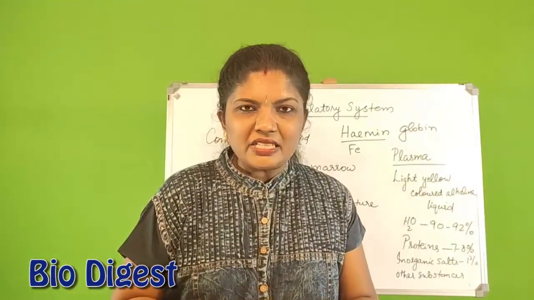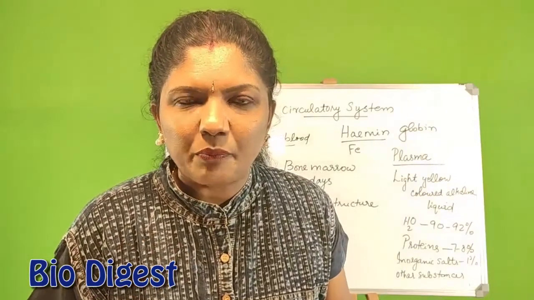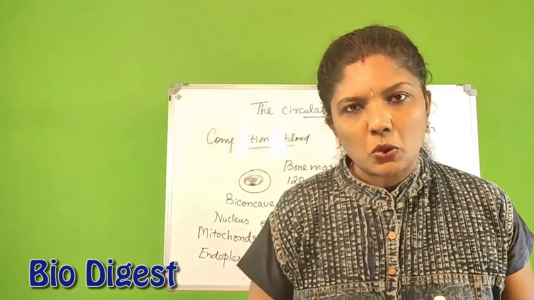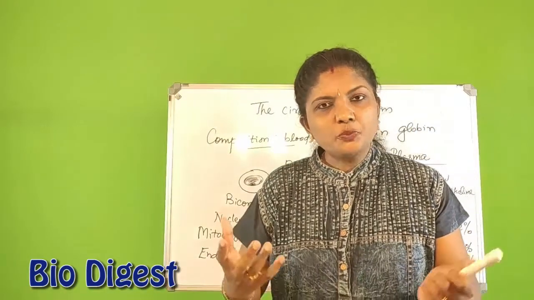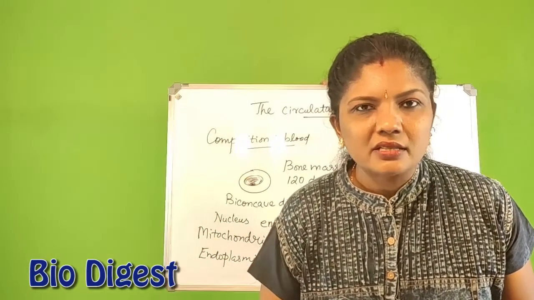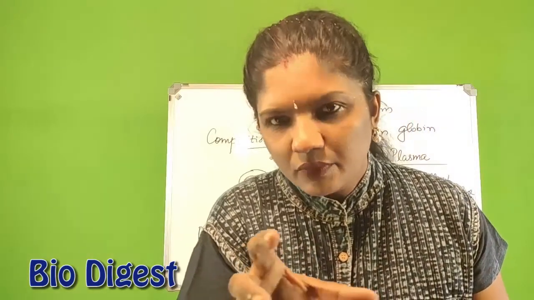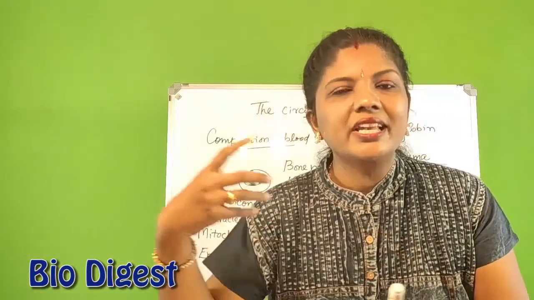So hemoglobin is a respiratory pigment that is present on the surface of the RBCs. Hemoglobin has the ability to combine readily with oxygen so as to produce a compound called oxyhemoglobin. This oxyhemoglobin will be carried, and oxygen can be delivered to the tissues.